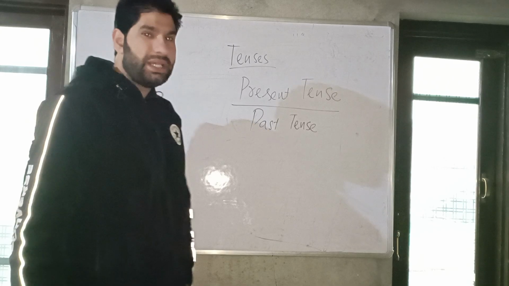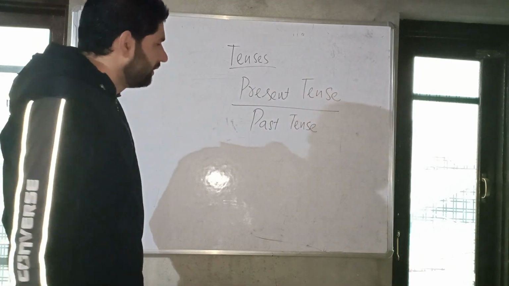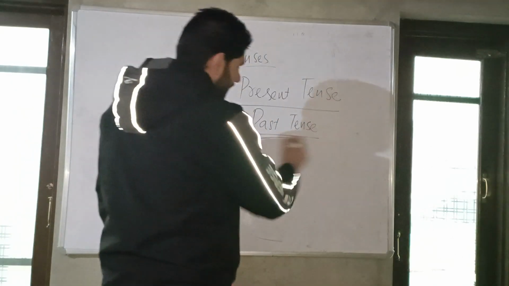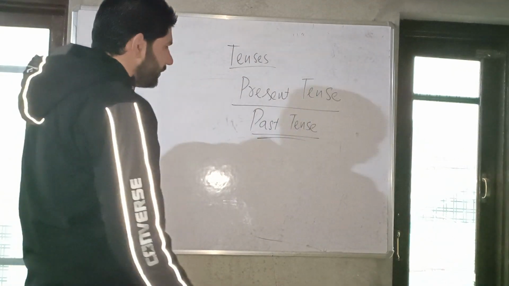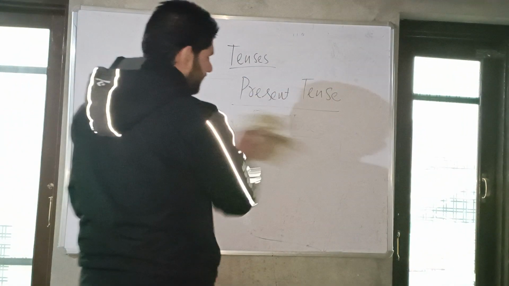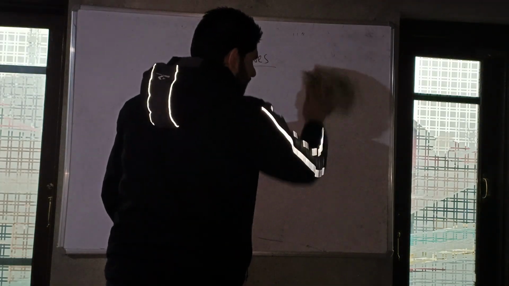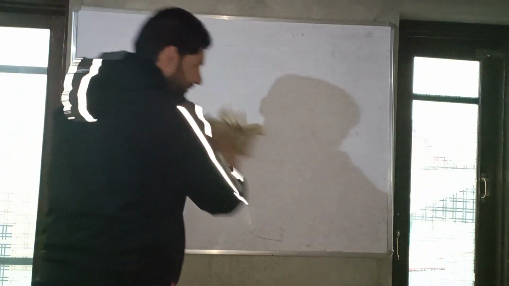Now, as you know, past is an action that has already taken place. So before we go into this, let's draw a table like we did yesterday, so that we understand it better.